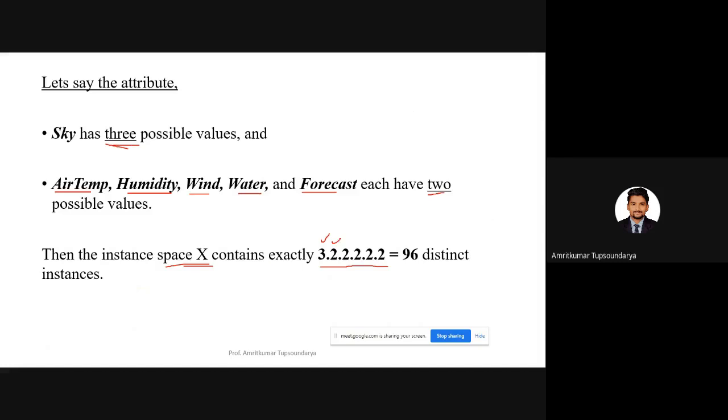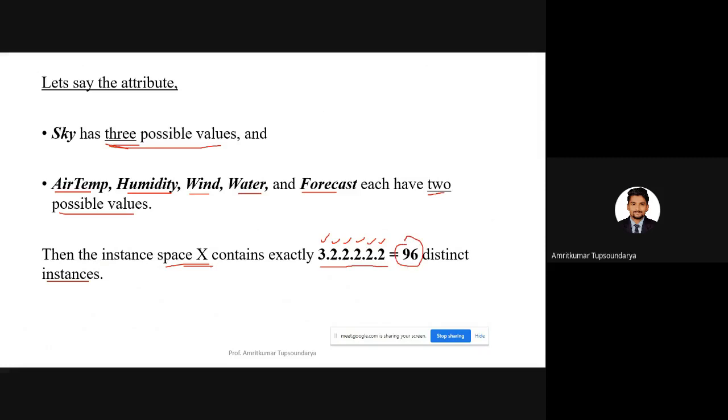If you remember, the first parameter was sky, then air temperature, humidity, wind, water, and forecast. Assuming sky has 3 possible values and all the others have 2, the product gives us 96 distinct instances.